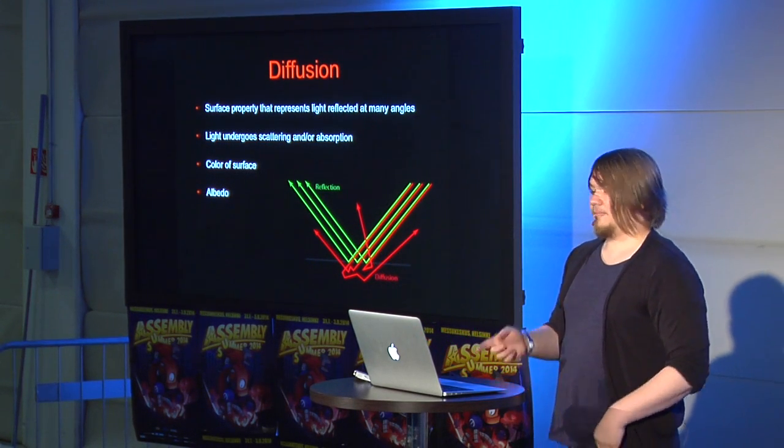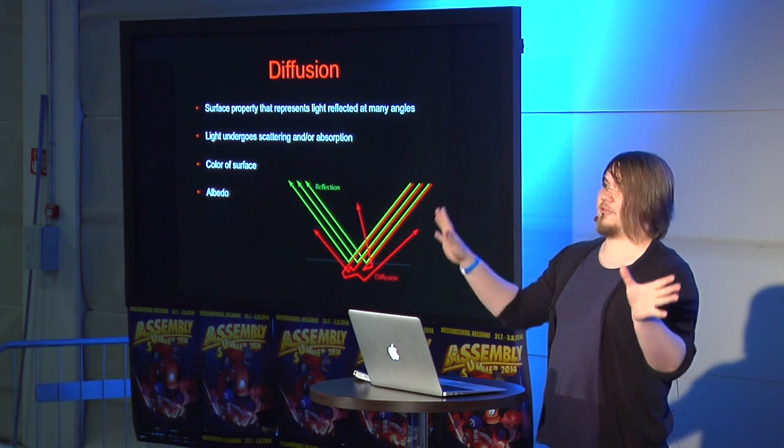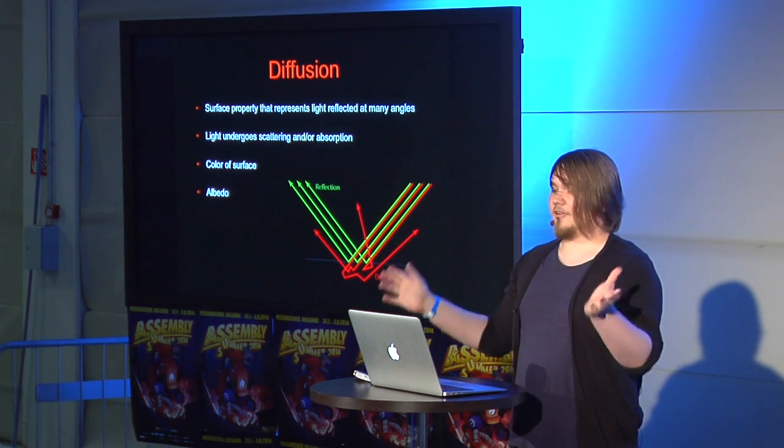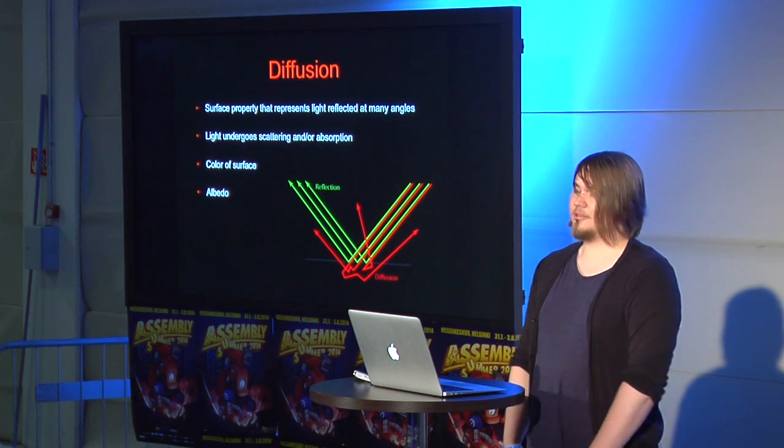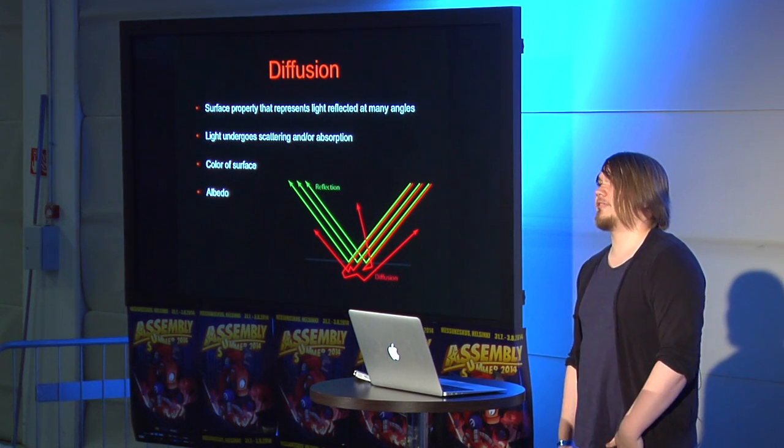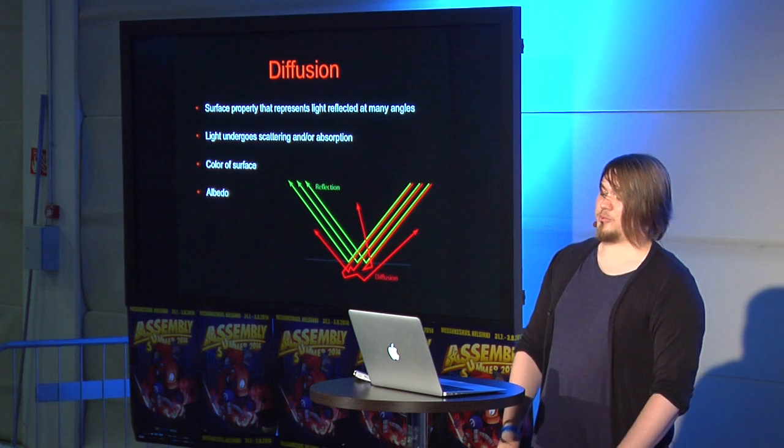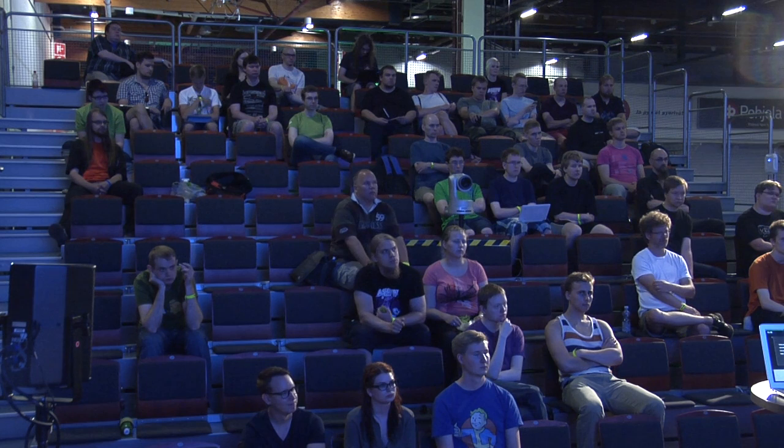After bouncing a while, the light is bounced off from the surface in all directions. This diffusion defines the color of the surface. When some of the light's wavelengths are gone, you get the rest in your eyes and you see a color.